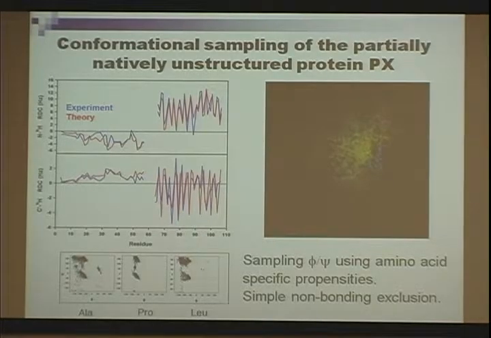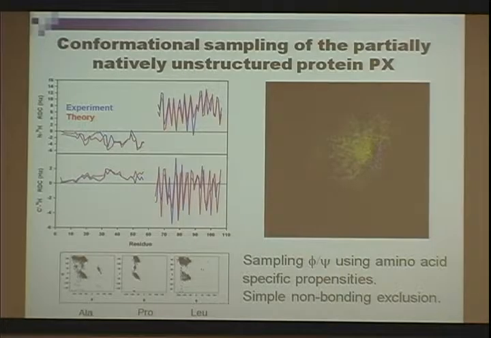Now, when I first saw this, I was rather surprised, because even though I come from a physics background, I know that sequence in biology is very important. And the fact that we're using a database of X-ray crystal structures means we have no sequence specificity whatsoever. So in one of our PDB structures that we're looking at in a loop region, if we're interested in a serine residue, the sequence might be tryptophan, tryptophan, serine, alanine, alanine.